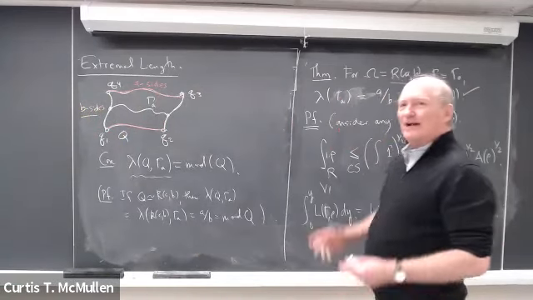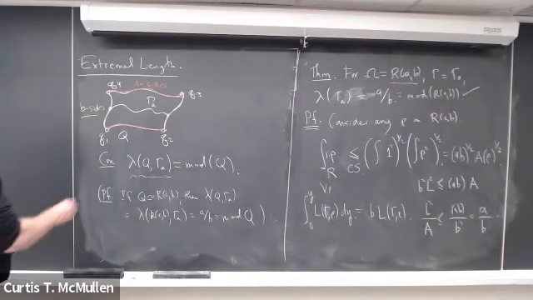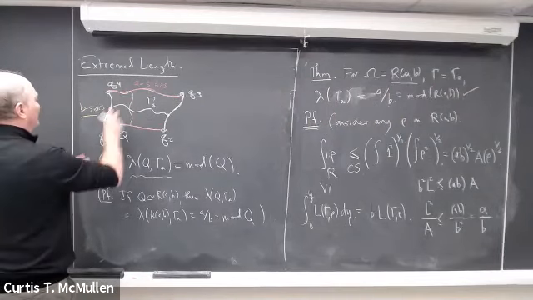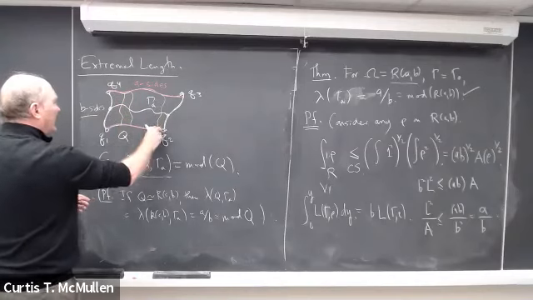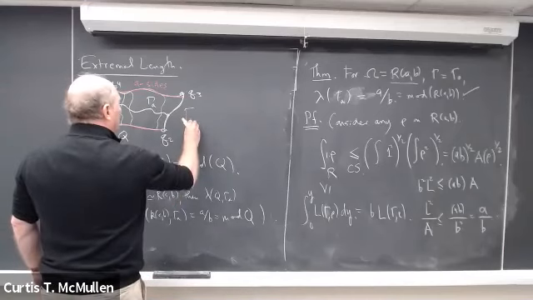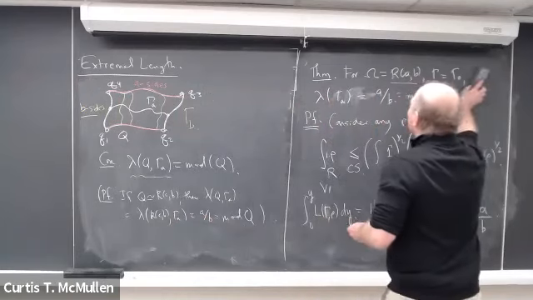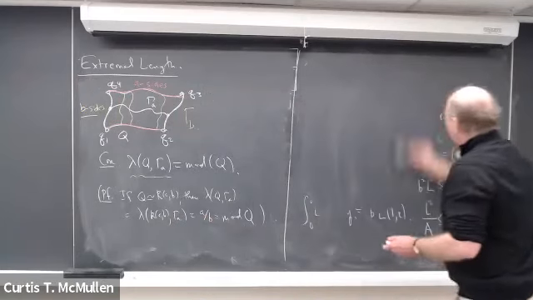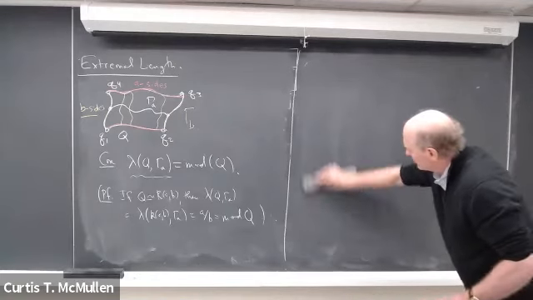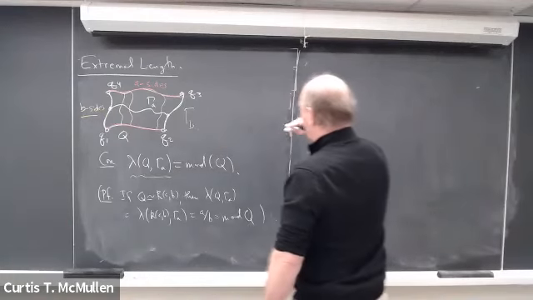Okay, now here's where extremal length really shines. There's another path family here. It's the family of paths that are parallel to the B sides, or in other words, the family of paths that connect the B sides together. That's called gamma B. So when you're presented with a quadrilateral, you have two possible path families you can work with.